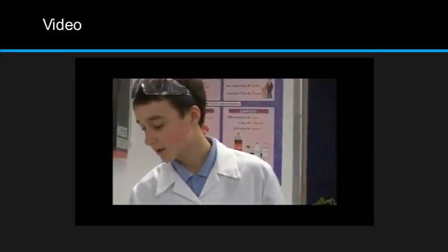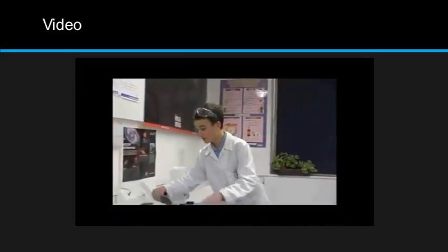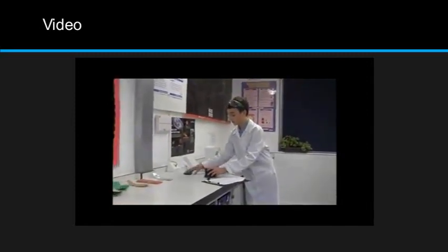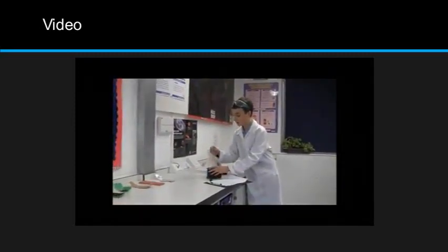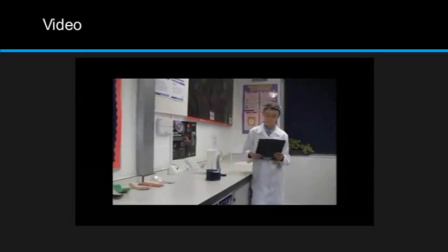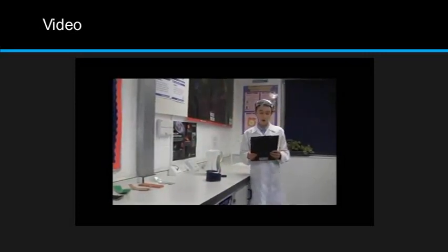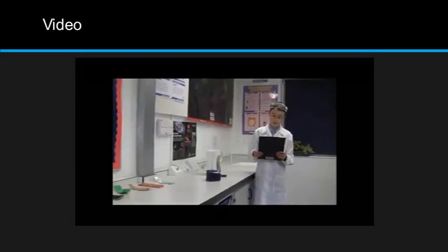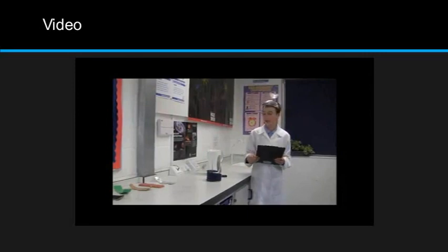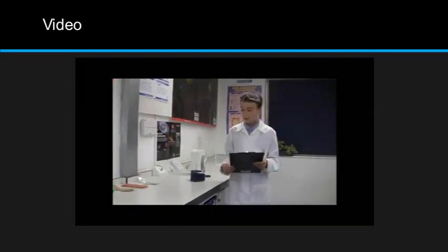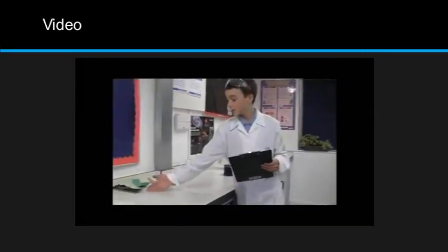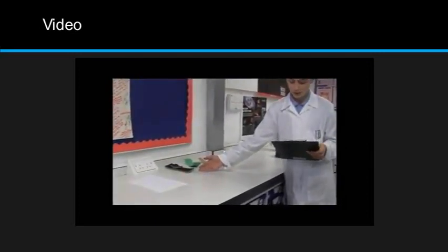And then we did the carpet, which was a lot better than the normal control, because it only went down 35 degrees, and also the underlay was even better at 28 degrees.